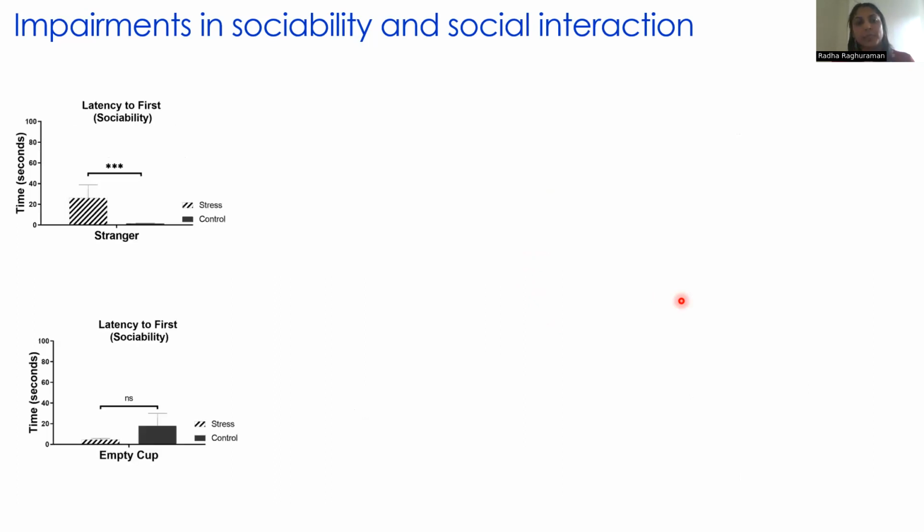So in terms of latency to first, which tells us how quickly they initiate contact with the empty or the stranger rats, we see that the control rat tends to initiate contact much more quickly with the novel candidate, as opposed to the stress rats, who initiate contact much sooner with the empty cup as opposed to the novel candidate.